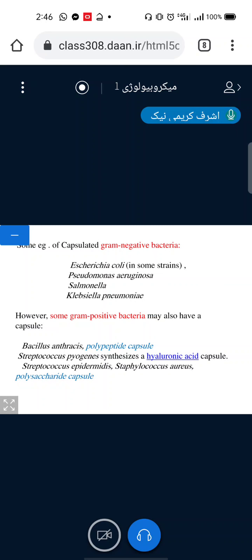Other streptococci, Staphylococcus aureus and Staphylococcus epidermidis, have a polysaccharide capsule.